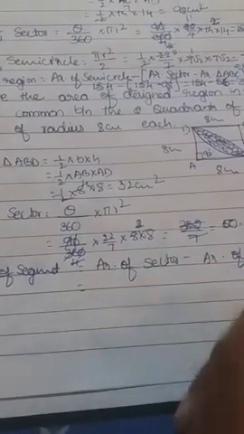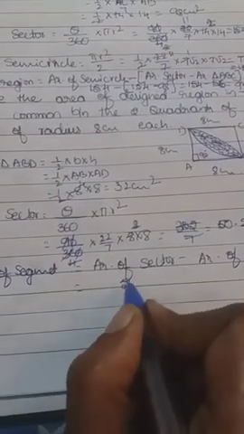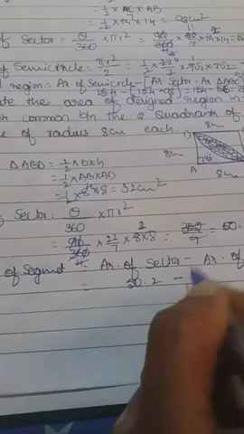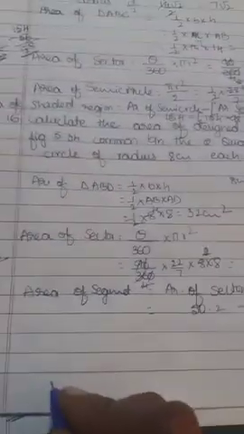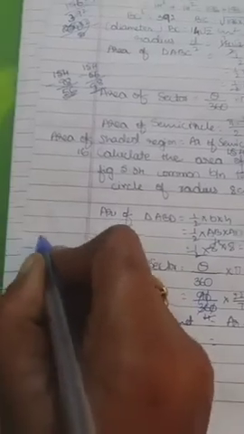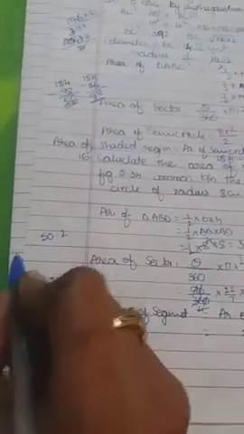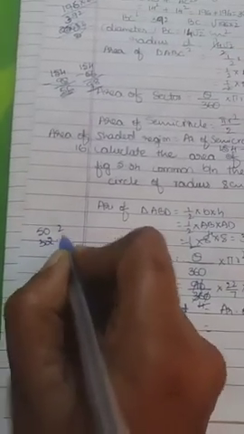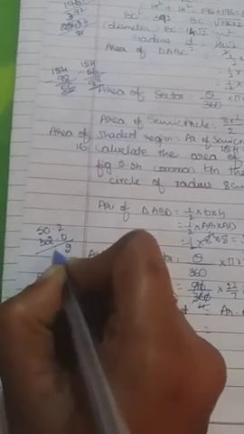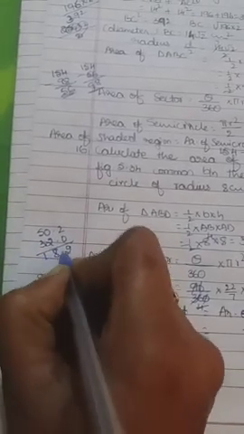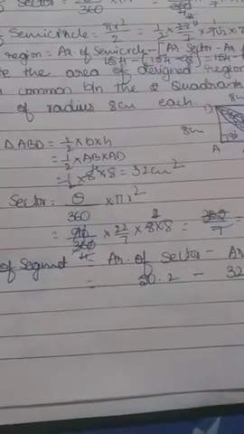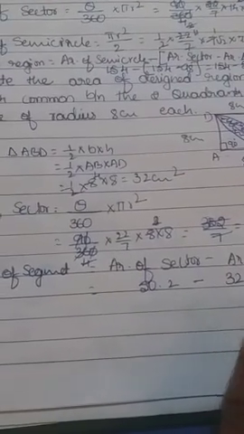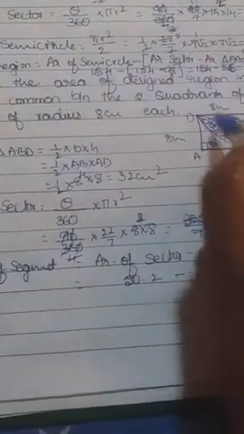So area of sector is 50.2 minus area of triangle is 32. 50.2 minus 32: 2 minus 0 is 2, 10 minus 2 is 8, 4 minus 3 is 1. So totally we got 18.2 centimeter square. This is the area of the segment, I mean one segment.